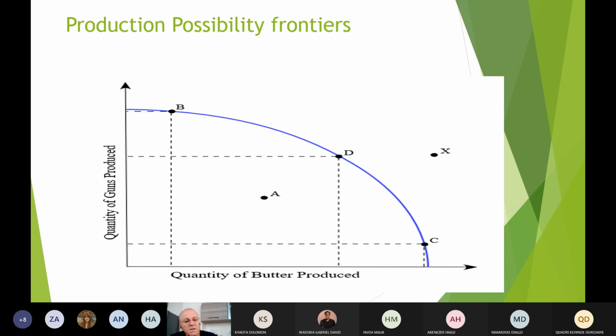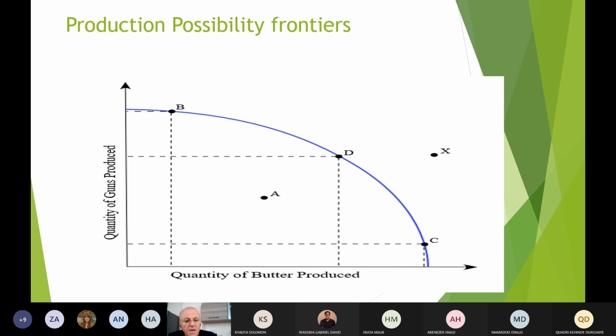Here is a curve illustrated for butter and guns in a company. This nonlinear curve indicates the production capacity of the producer.